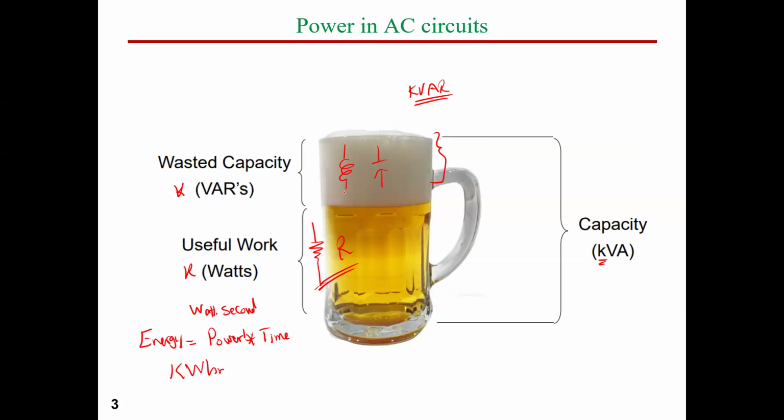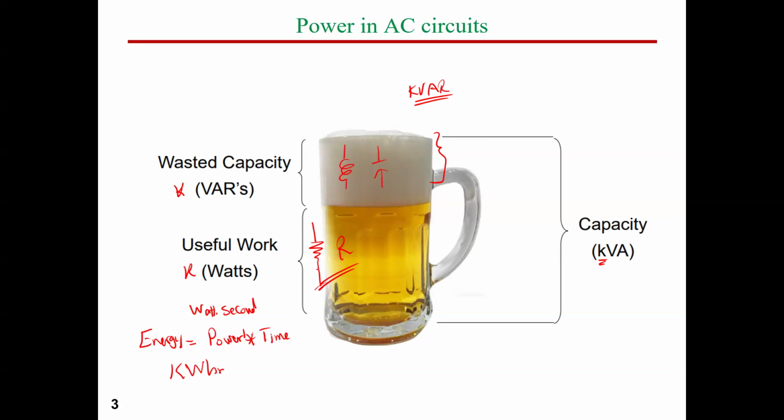If both of them have the same amount of reactive power, the net reactive power in your system is zero because the reactive powers cancel each other. And then the total power will be only active power.